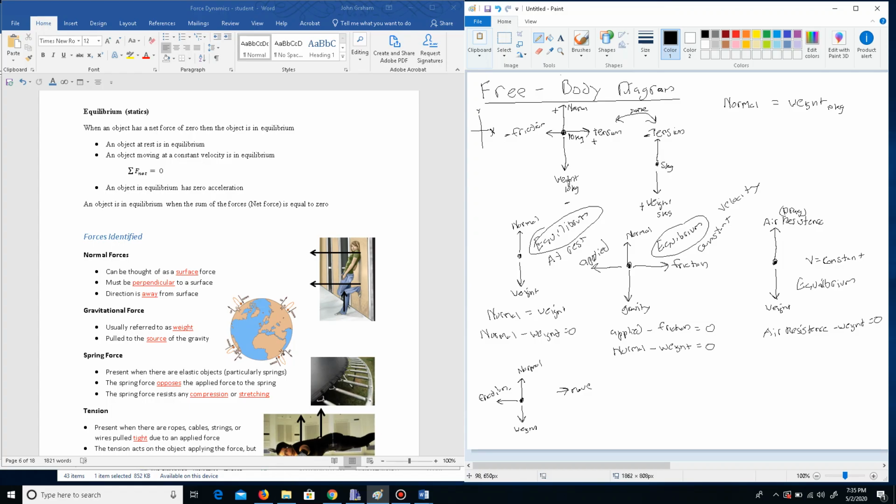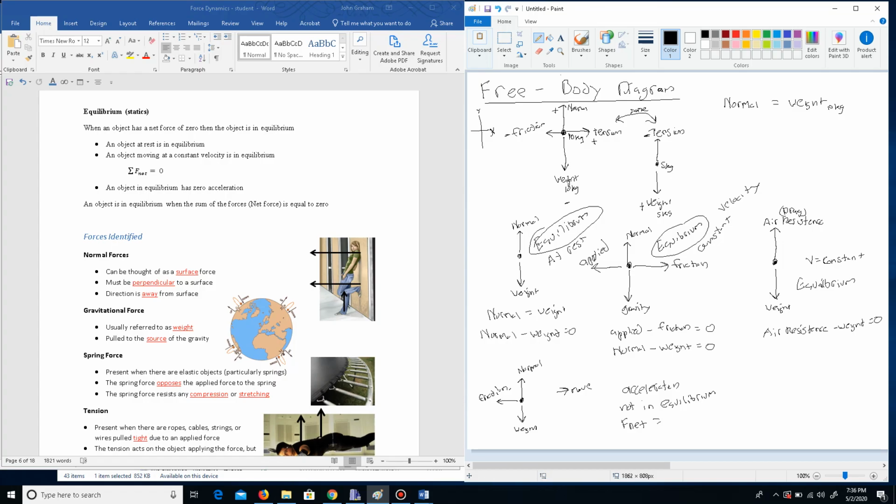This one you did not have constant velocity, you had acceleration, and so not in equilibrium, because acceleration means you have a net force, which is going to equal, in this case, the force of the friction, wherever that friction is.